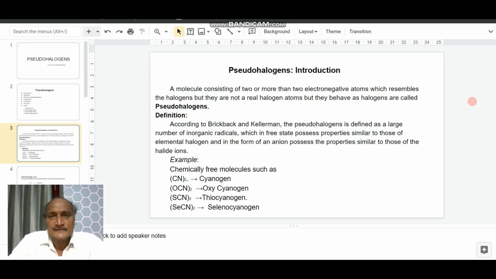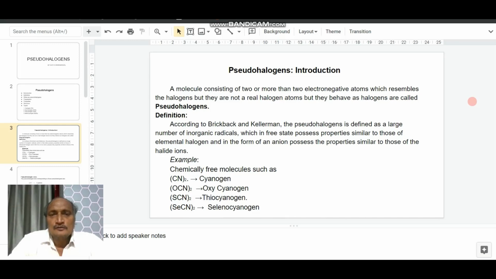Coming to the definition of pseudohalogens, here Brickenbach and Kellerman have defined and studied the various types of pseudohalogens, their preparation, properties as well as structure.